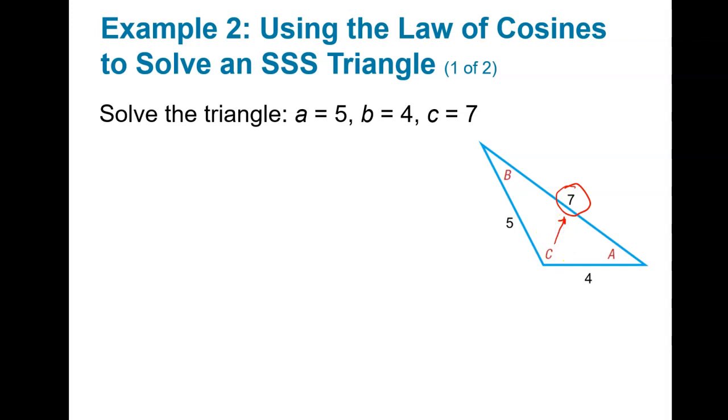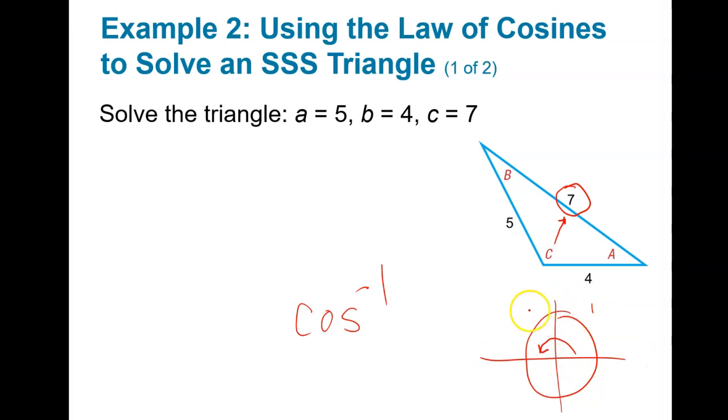And the reason we want to get that out of the way up front is because when we use the law of cosines to solve for an angle, we use inverse cosine. And if you recall, on the unit circle, the inverse cosine is quadrants 1 and 2, and it can determine if you have angles bigger than 90 degrees. It can find obtuse angles.